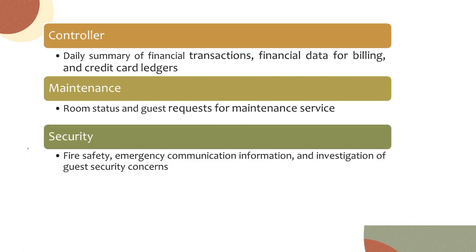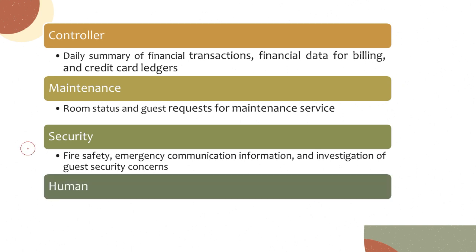So, next one is security. So, fire safety, emergency communication information, and investigation of guest security concerns. So, anything na may kinalaman sa safety and security ng isang guest, particularly the information kapag may mga nangyaring emergency sa hotel, so sa security department ang in charge.